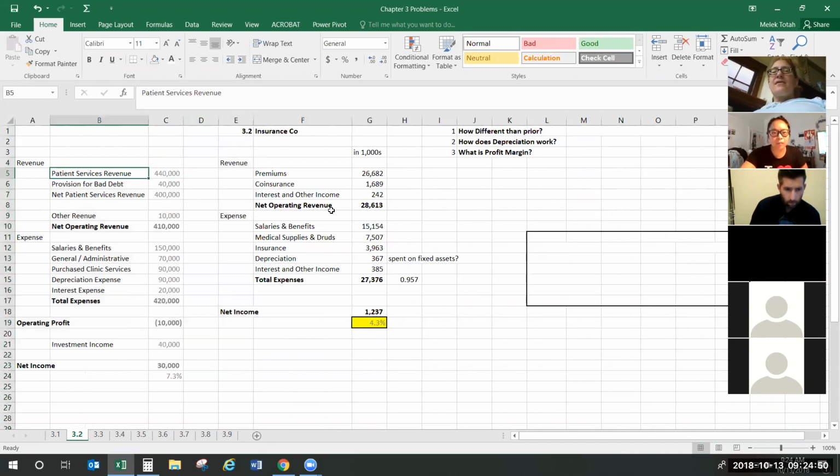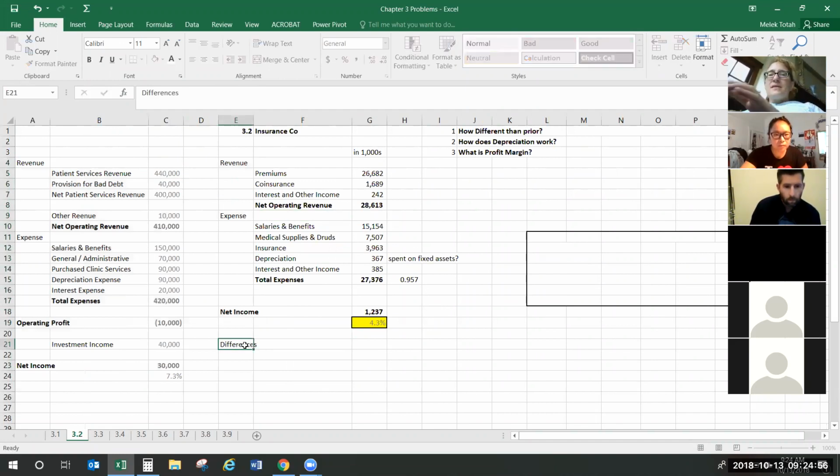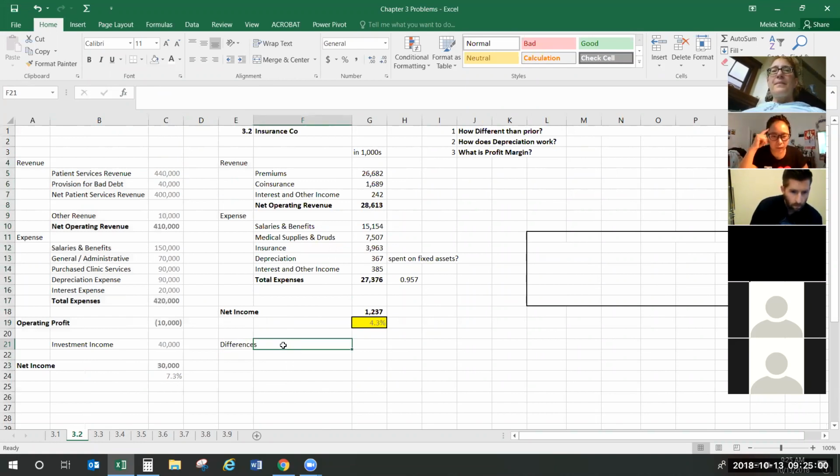Here's the prior, here's the current. So yeah, give us some ideas of some differences. Let's go ahead and speak up. It looks like they bulked the interest and other income in with the revenue for the operating revenue.